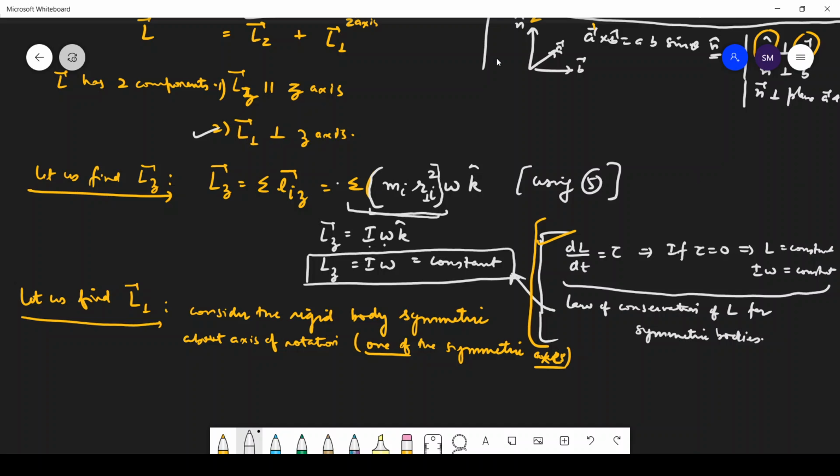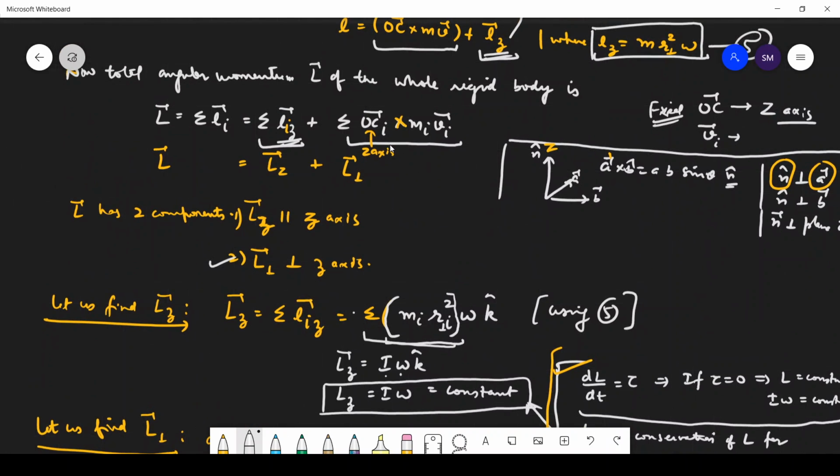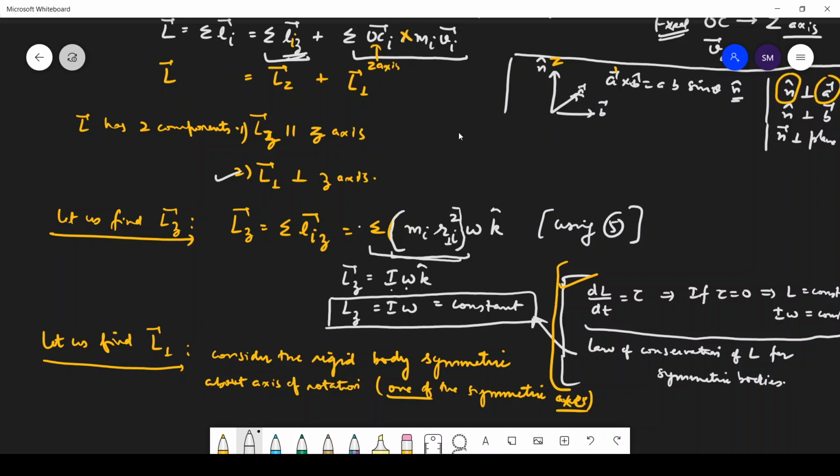OCI, what will be your OCI? Because L perpendicular is your OCI cross MIVI. What is this Lz? That's your OCI cross MIVI, right? This is what your Lz component is. Yes, from here we can write it as equation number 6.